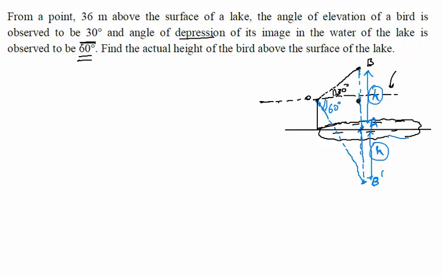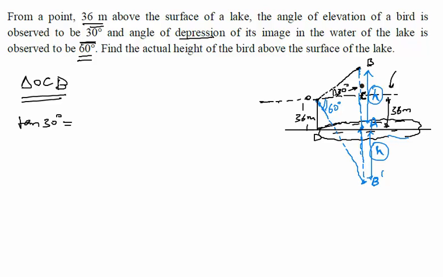If you can see this triangle, let us also name this O. Let us call this C. In triangle OCB, I want to write tan of 30 degrees. To write that, I will have to know what is the perpendicular and what is the base. Base is OC, right? Perpendicular, I can write, the height of the observer is 36 meters. So if this is OD, this is 36 meters above the ground, which means that AC is also 36 meters.